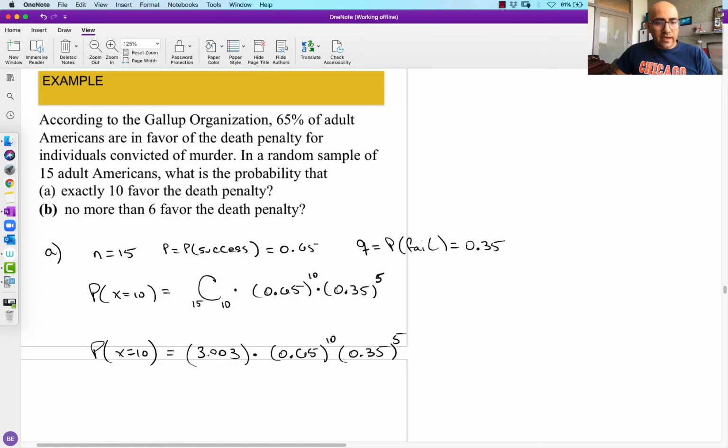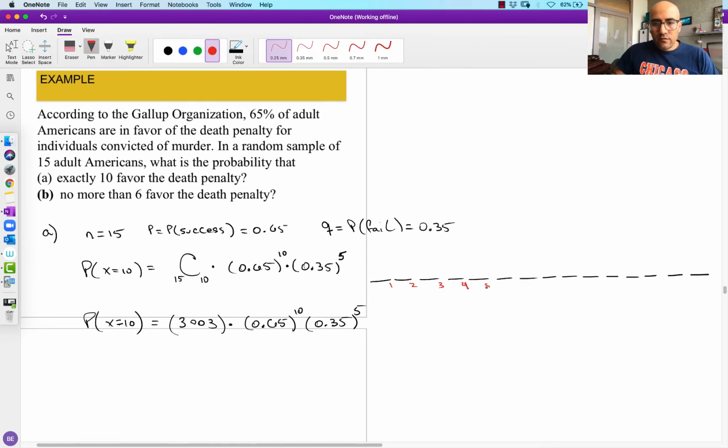Right, so this 3,003, remember we have 15 people, so that's 1, 2, up to 14, and 15. Okay, so we have 15 individuals, right? You can kind of think of chairs or something. You put 15 chairs out, and we're going to sit down people, and we want to know how many ways are there to select 10 out of 15 that are in favor.